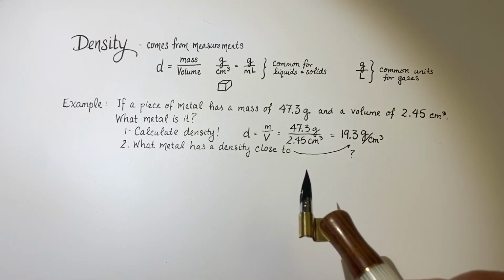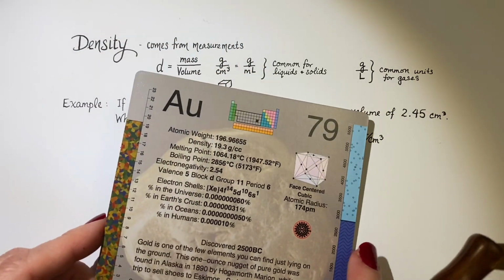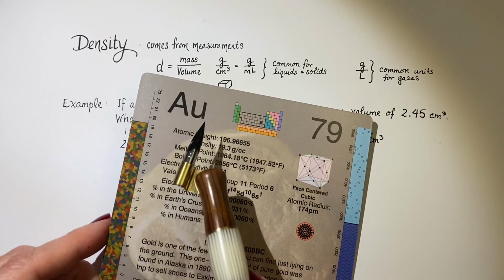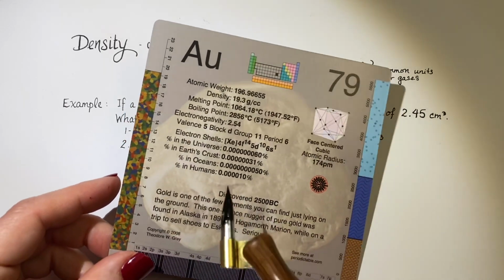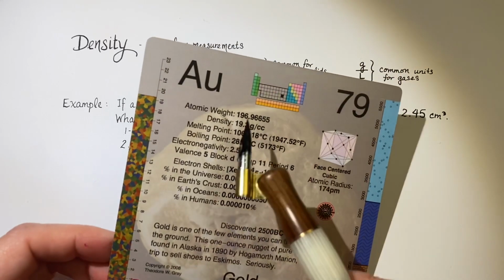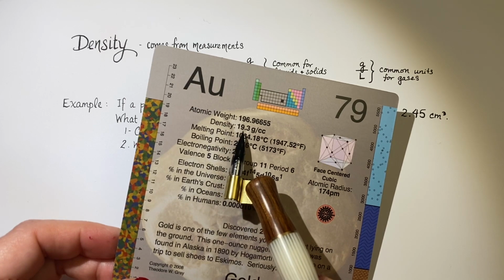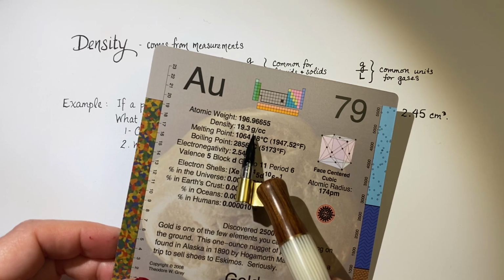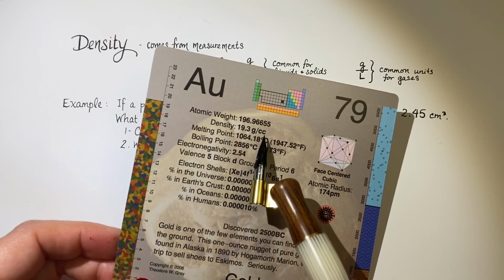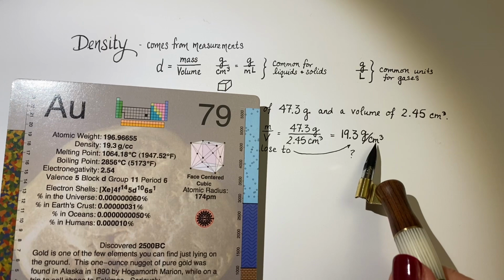So what you would eventually find is that it is this element here, Au. So this is the elemental symbol for gold. Okay, so we see right here the density is known to be 19.3 grams per cc. And you might say, what's the cc? We just decided it was 19.3 grams per cubic centimeter.